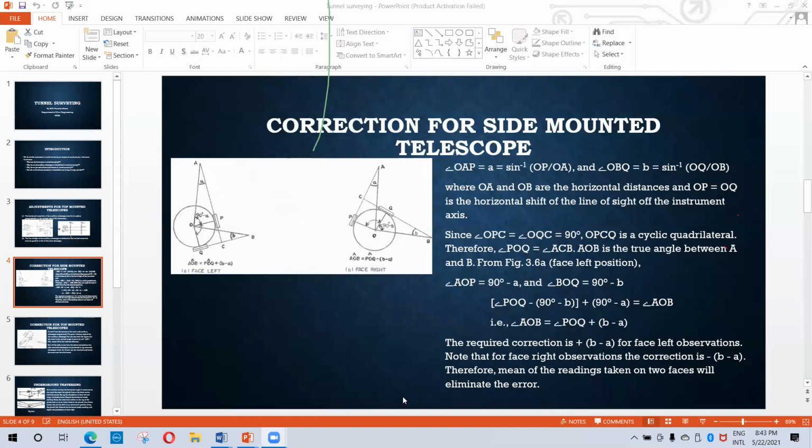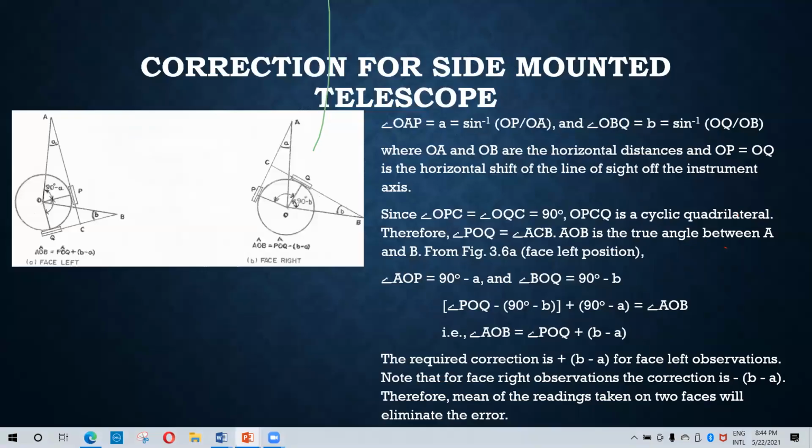This is section 3.7.1, right? Why do we need corrections? Can somebody explain? Why do we need corrections?